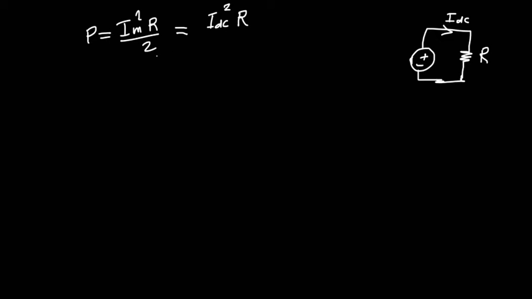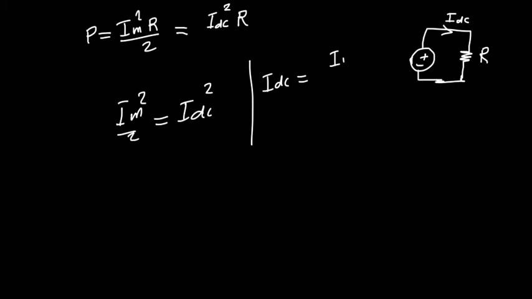That means we can equate Im square R by 2 to I DC square R. R and R will cancel, then Im square by 2 is equal to I DC square. Taking the square root on both sides, we get I DC is equal to Im by root 2.